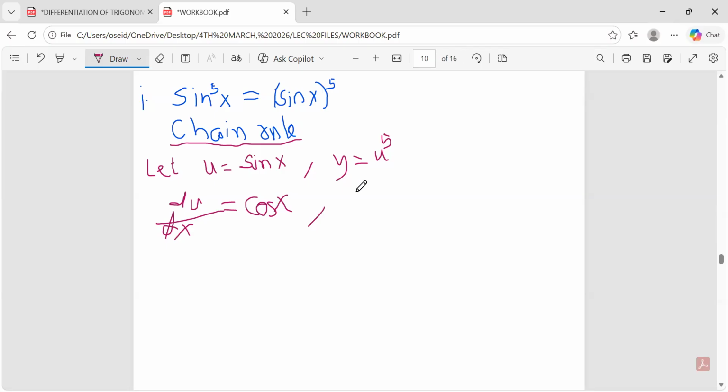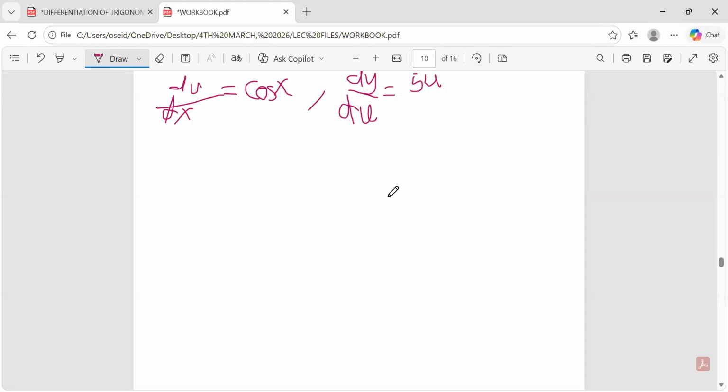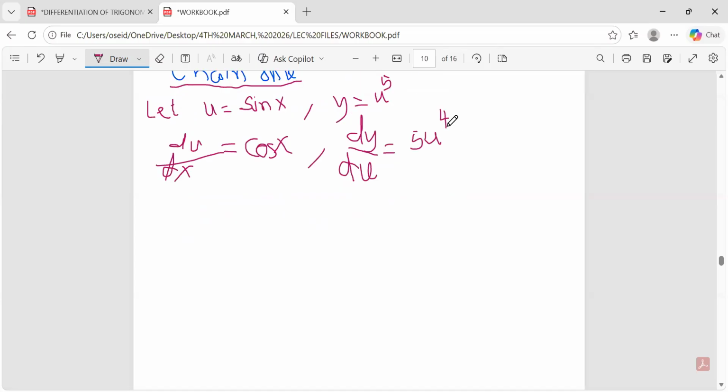Then dy du equals 5u exponent 4. So one may ask, why 5u exponent 4?